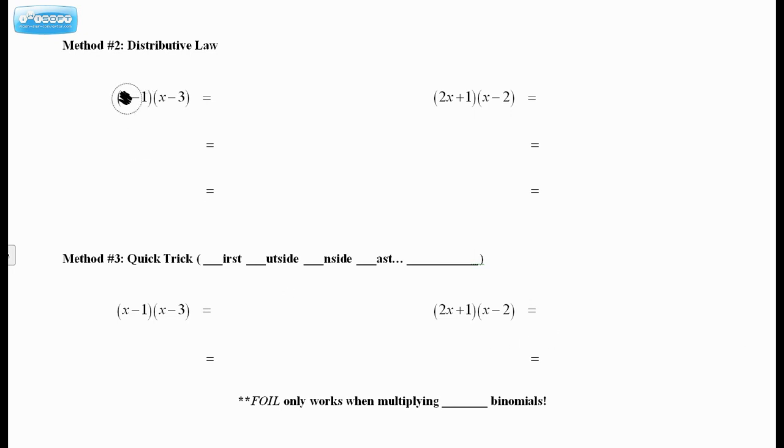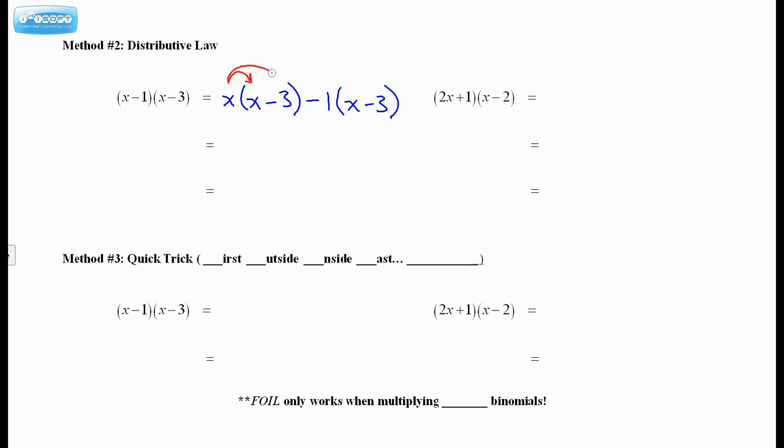So it's like a double rainbow rule. So the x multiplies the x minus 3. He gets his turn. And then we have the minus 1. And that gets to multiply the x minus 3. Okay? So I just have the double rainbow, so to speak.